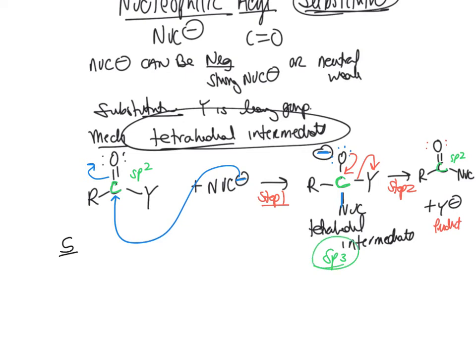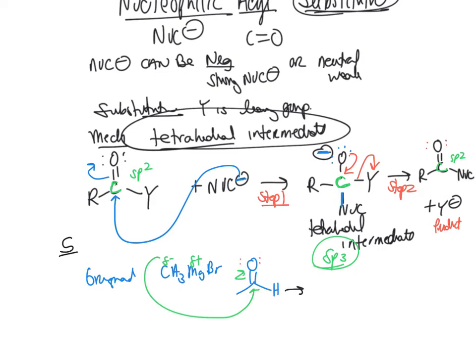What other similar reactions form the tetrahedral intermediate? You did that with the Grignard. So when you did methyl magnesium bromide to a ketone or an aldehyde, you took this nucleophile, you added that, and this made a tetrahedral intermediate.